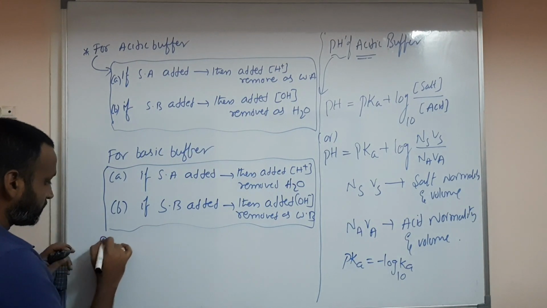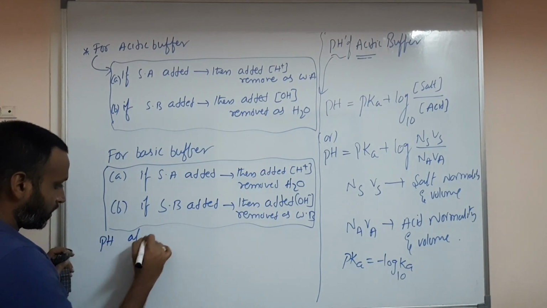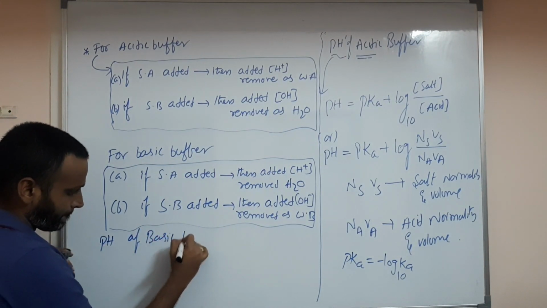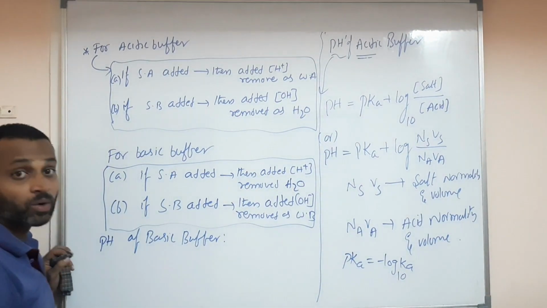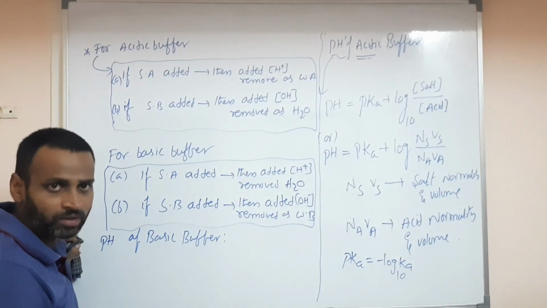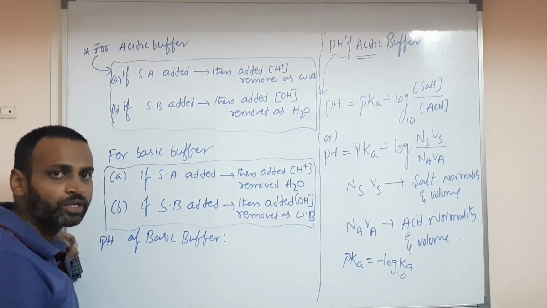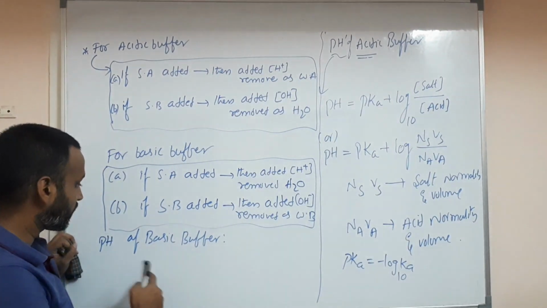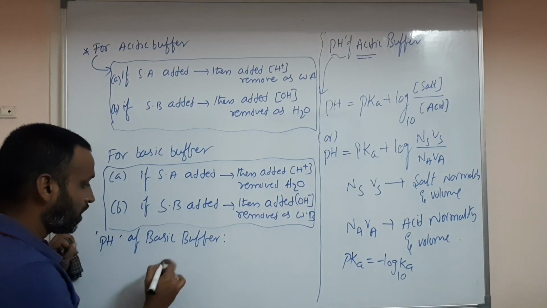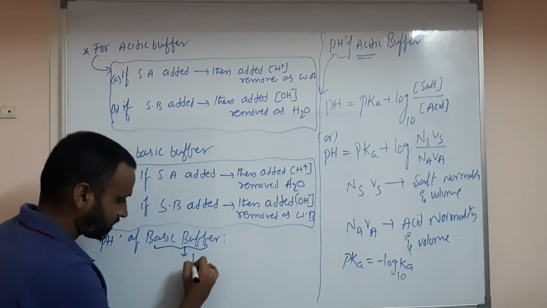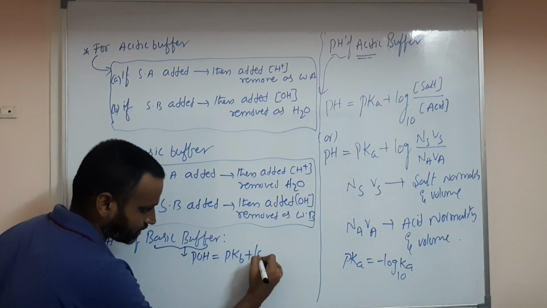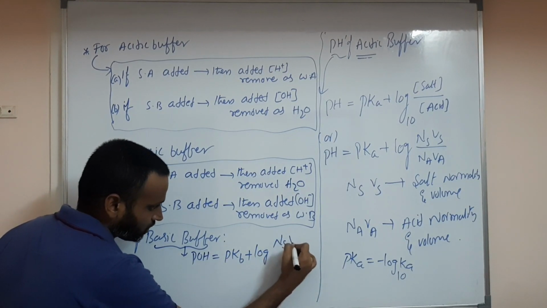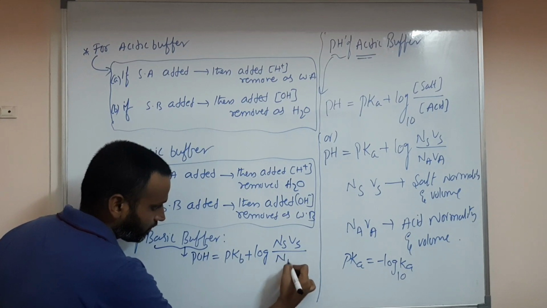Same for pH of base buffer. Tell me pH of basic buffer. But pH you cannot get directly for a basic buffer, because basic means OH minus concentration. How can you take pH directly? No. For a basic buffer, first is pOH. pOH is equal to pKb plus log N salt V salt by NBVB.